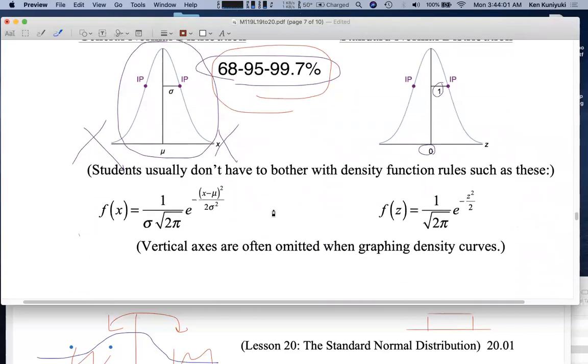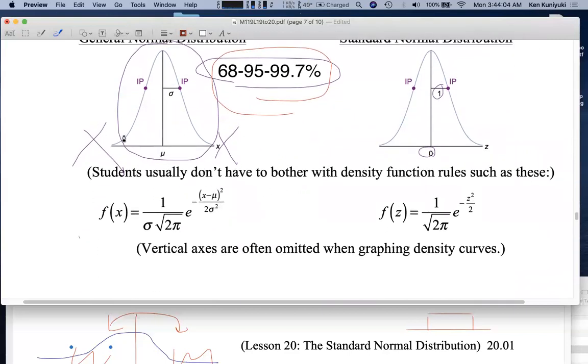Oh, and before I go, in case you're curious what the equation is for this standard normal probability density curve, it is over here. f(z) equals this ugly thing over here. This indicates basically a kind of exponential decay in the right tail and the left tail. There's a sharp falling off in the tails.